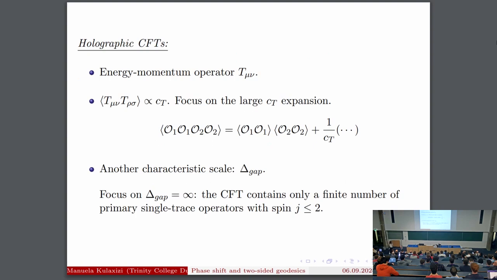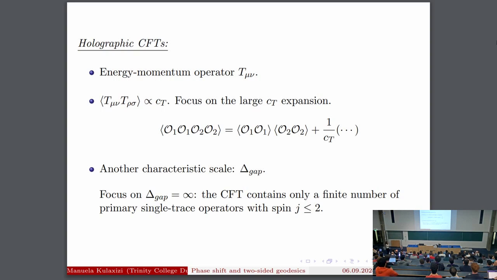What I have in mind with holographic CFTs are CFTs that have the following ingredients. The most important is that they contain an energy momentum tensor. Another is that there are certain large parameters, in fact two, around which we will expand our correlation functions.